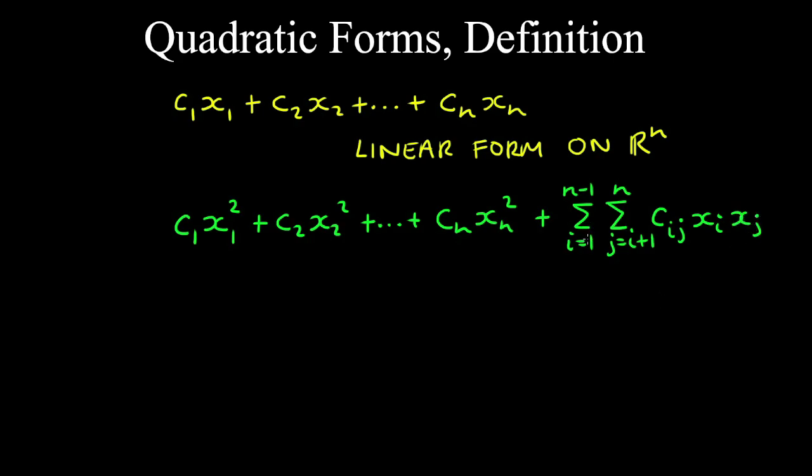So here i is always less than j. So essentially we take xi xj as being equal to xj xi.